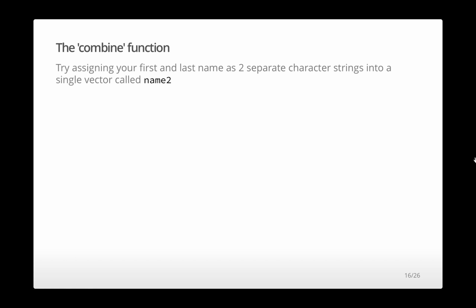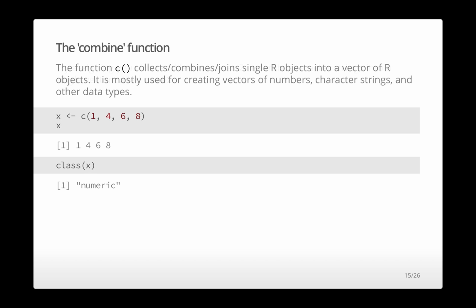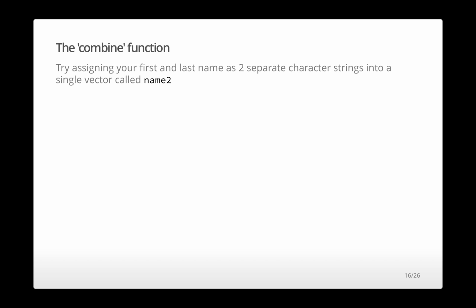All right, so let's try assigning first and last name as 2 separate character strings into a single vector called name2. It should have 2 elements collected together with this c function. The first element would be your first name, the second element would be your last name.